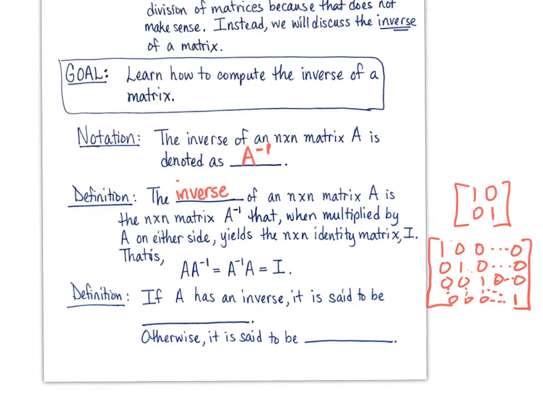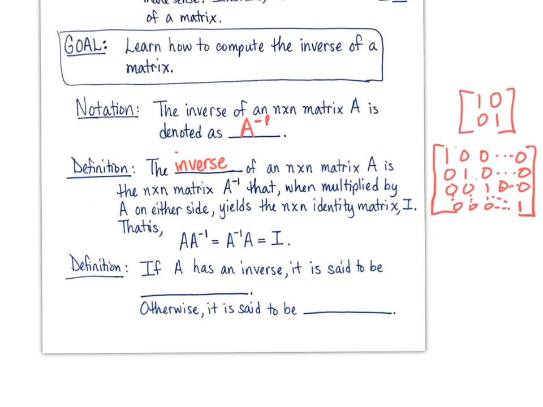Another definition: if A has an inverse, it is said to be invertible. Otherwise, it is said to be singular. So non-invertible is the same thing as singular.